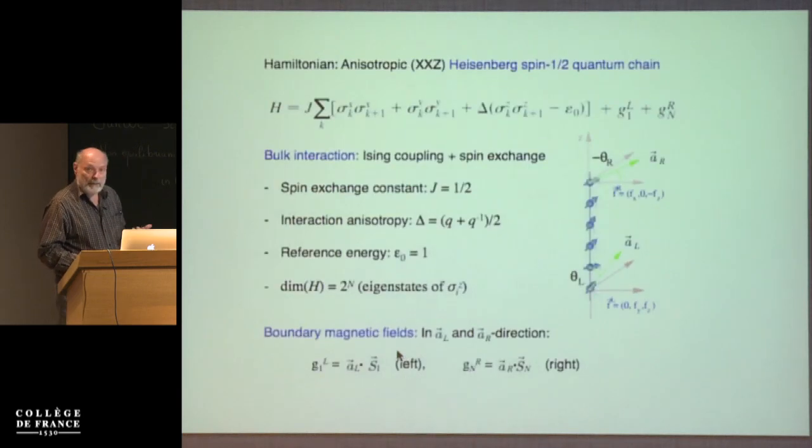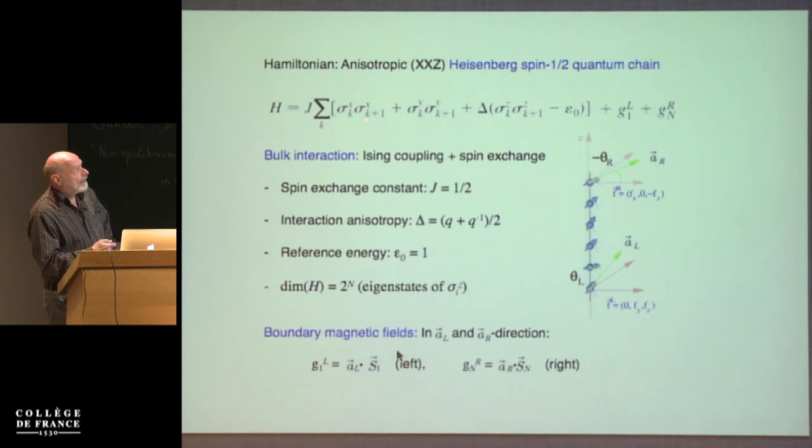Okay, so what is our Hamiltonian then? I will look at the Heisenberg spin 1/2 quantum chain, where the neighboring spins interact, and we assume the interaction is such that they have a rotation symmetry around the z-axis. So here you have the same exchange coupling constant.